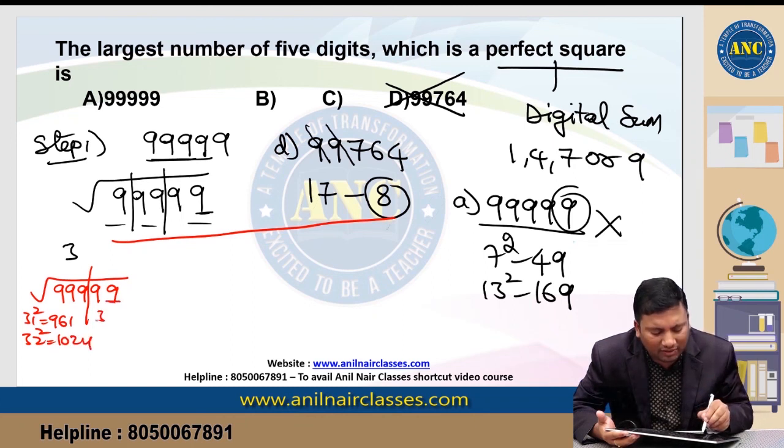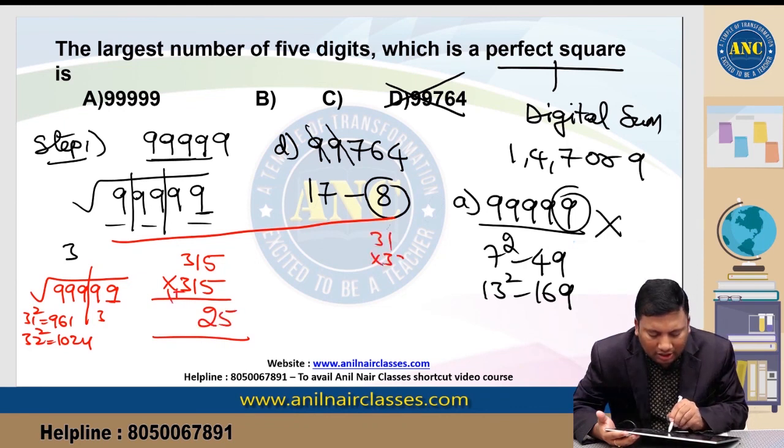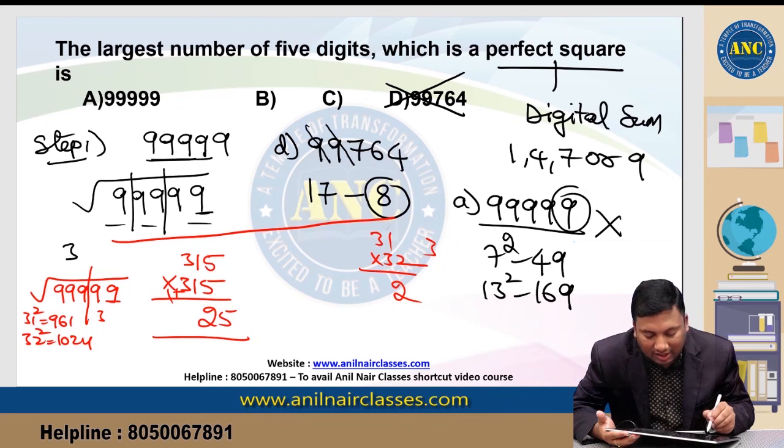Let us check the value of 315 square. 315 into 315: 5 5s are 25, add 1... 31 into 32, 32 1s are 32, 32 3s are 96, 96 plus 3, 99. So 99225.